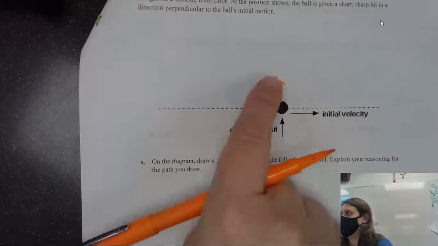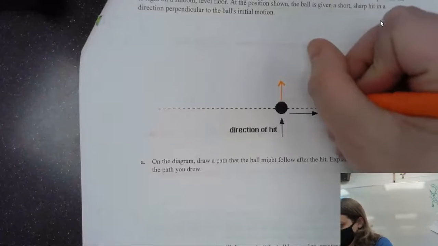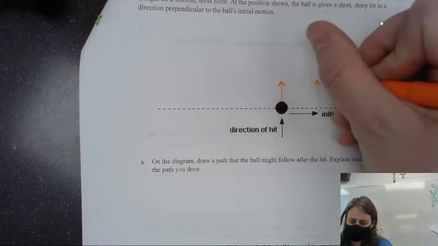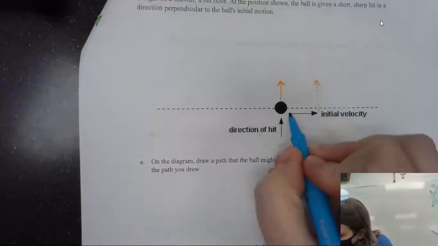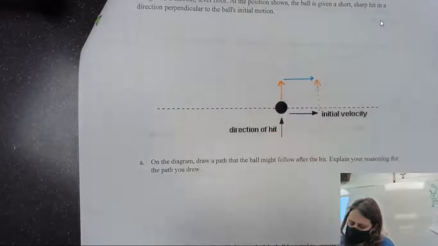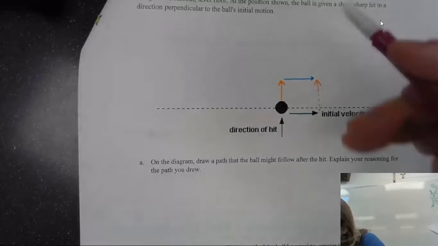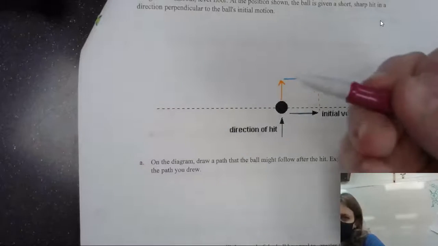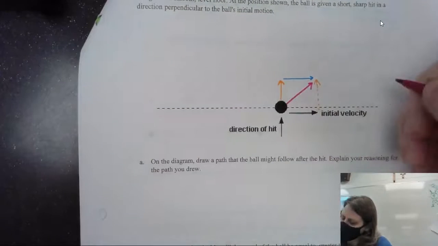These are two components that we have to add together to make a final vector. So I'm going to repeat that initial velocity line here. And so I can figure out that my final vector should be in this direction.